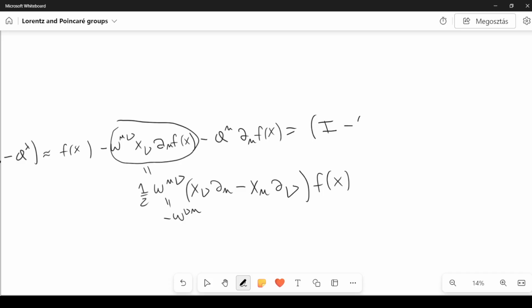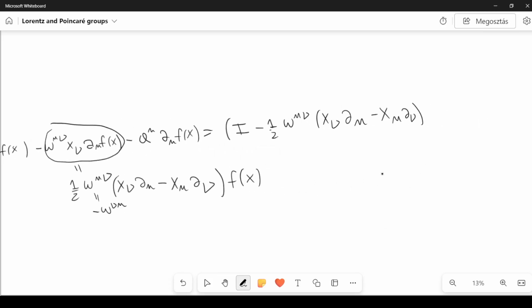Then I can rewrite minus 1/2 omega mu nu (x nu d mu minus x mu d nu). And then I have minus a mu d mu, and here I have f of x.